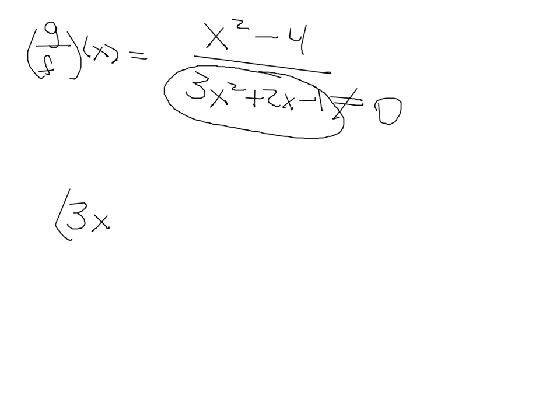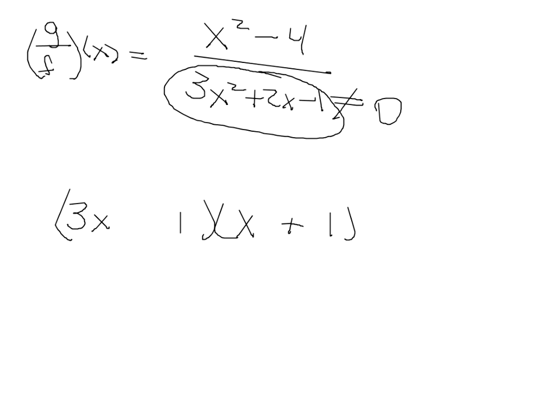So I need to factor this one, and it's going to factor, 3 has factors 3 and 1, and 1 has factors 1 and 1. The 1 is negative, so I know one of them is going to be positive and one of them is going to be negative.